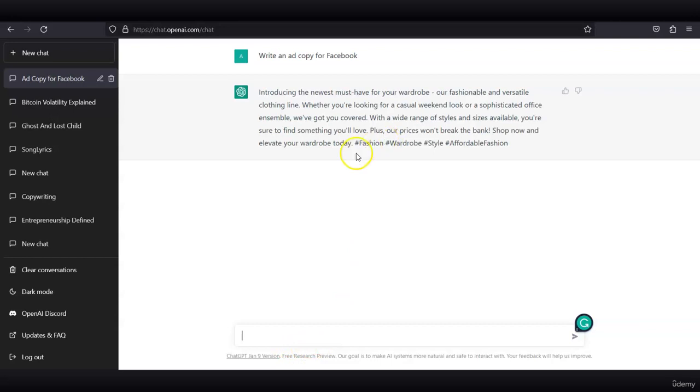And we also had relevant hashtags in this ad copy. Now we can be very specific with this. We can request the same ad copy, but optimized for clicks or high converting.